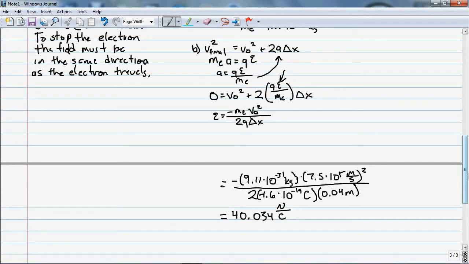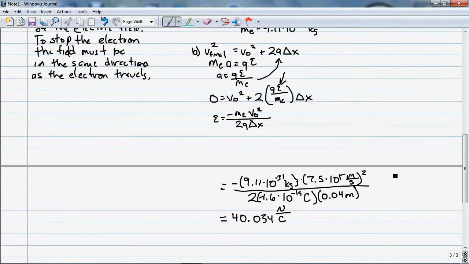So that's how we can use our ideas from 215 and particle motion to solve a simple problem with electrical characteristics.